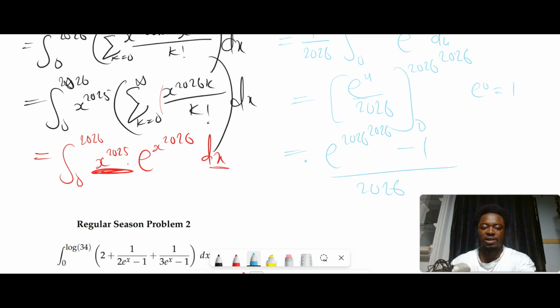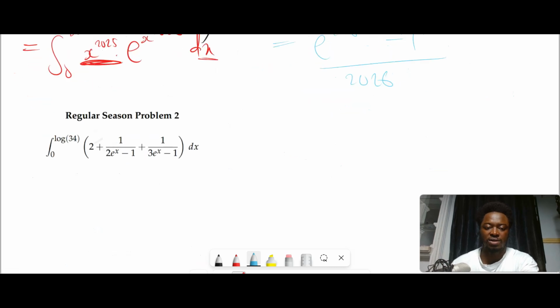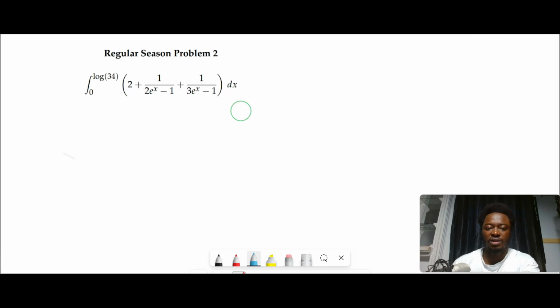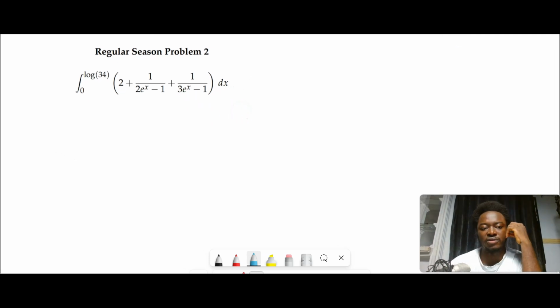What about the second integral? Okay, let's look. So here we have an integral where the limit of integration is from 0 to log of 34. Very weird number, but given the form of the denominator, we can split this.